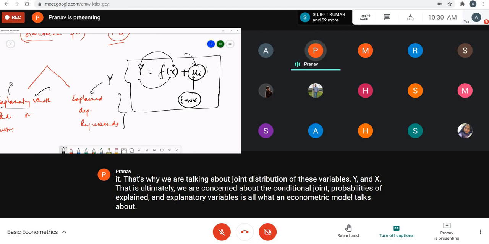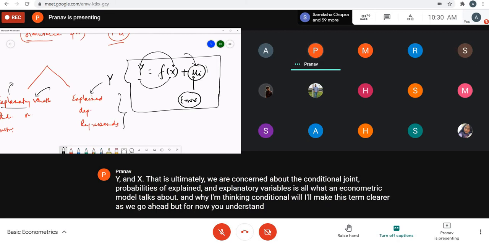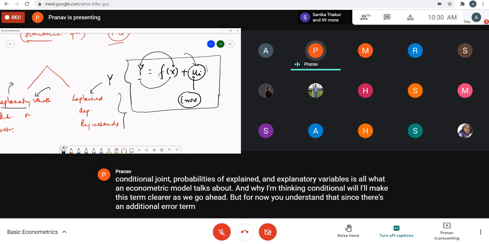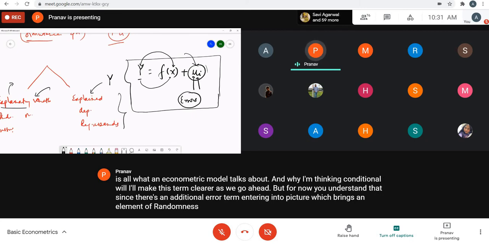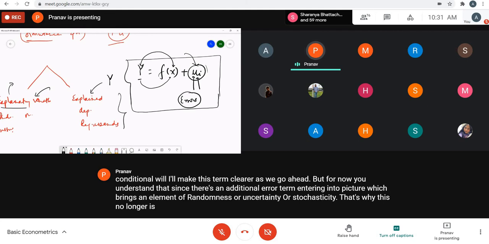And why I'm saying conditional, I'll make this term clearer as we go ahead. But for now, you understand that since there's an additional error term entering into the picture, which brings an element of randomness or uncertainty or stochasticity, that's why this no longer is an exact relationship.